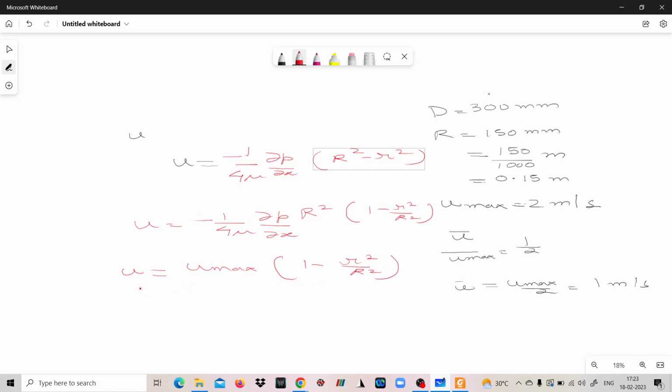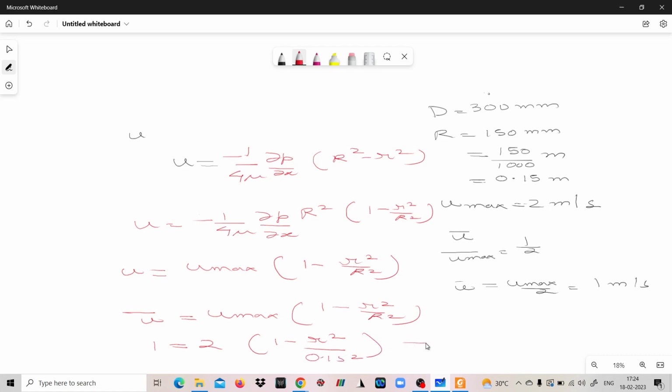Okay, now see, you have to determine the value of r where U is equal to U average. So if you substitute U average here, you will get the equation U equals U max (1 minus r square by R square). The value of U average we have already obtained is 1. The value of U max is given to you, which is 2. Small r is your unknown, and capital R is 0.15, so 0.15 square.